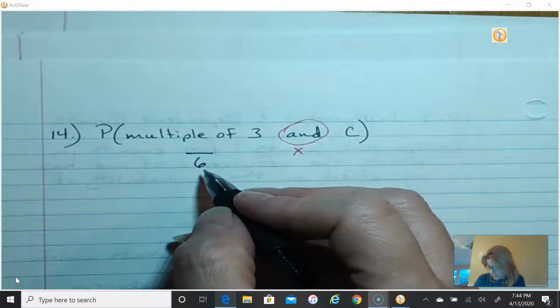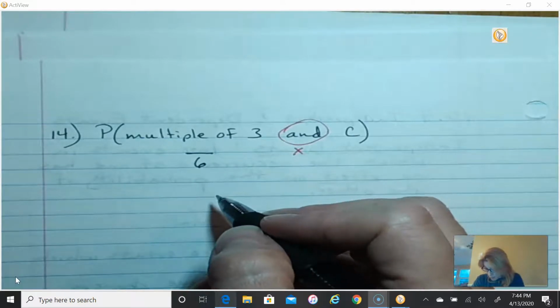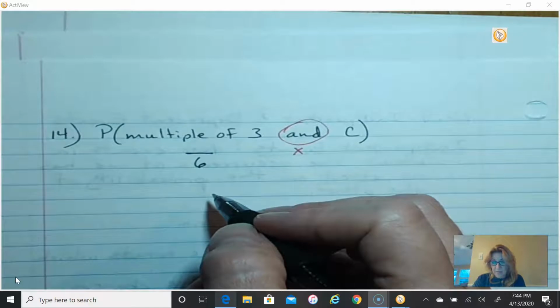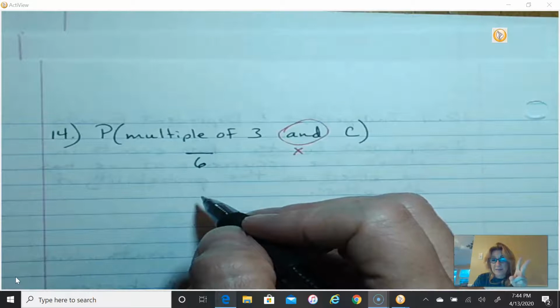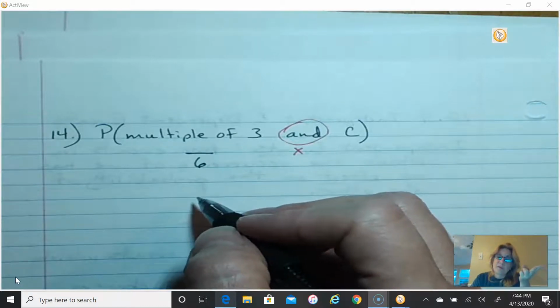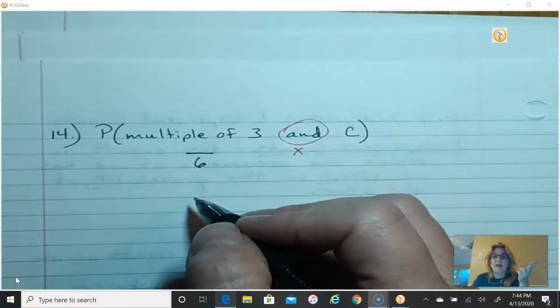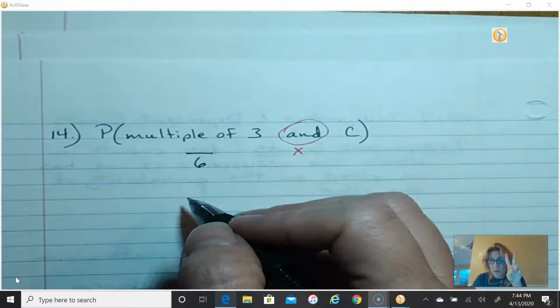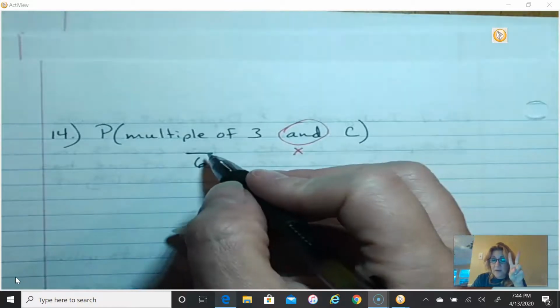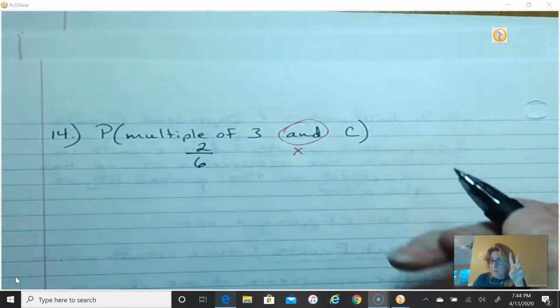How many multiples of 3 do we have? Well, we have the number 3 and the number 6. Both of those are multiples of 3. Think of multiples of 3: 3, 6, 9, 12, 15, etc. But in that spinner, you only have 3 and 6. So how many multiples of 3 do we have? We have 2. That's right.